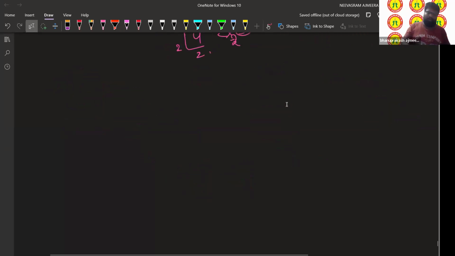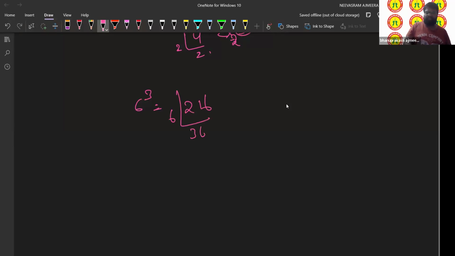If I'm talking about 6 cube, we already discussed this: 216. If I take the prime factorization, 6, 36, 6 6s; you see 125 again, 5 25, 5 5s. Wherever you go, this is 6 cube.